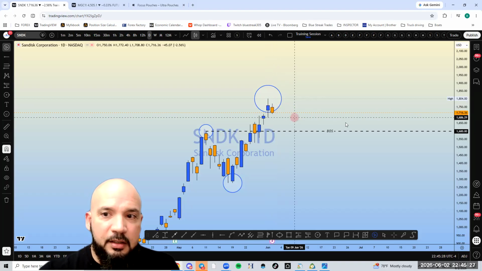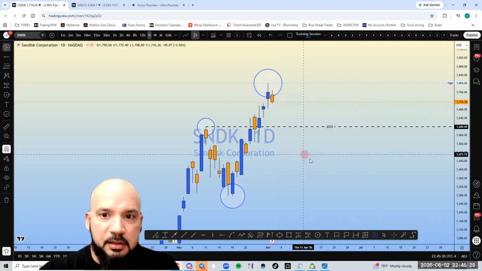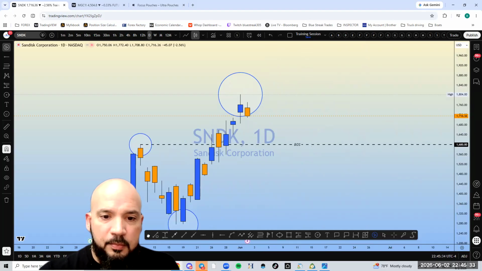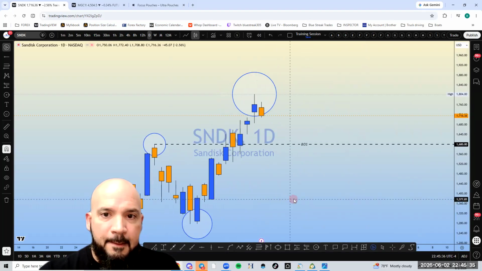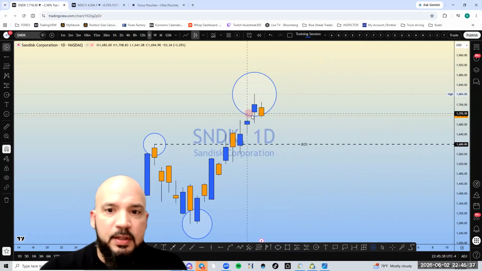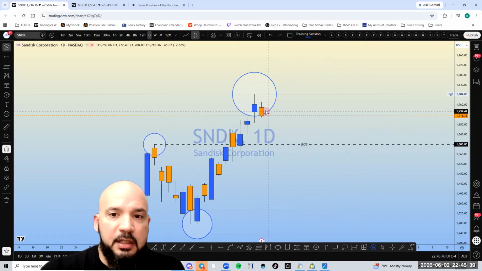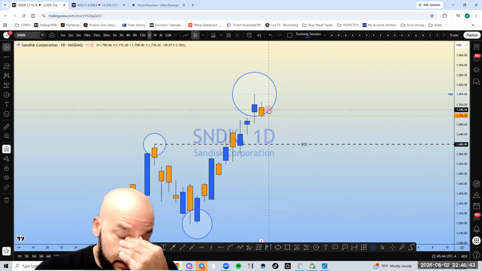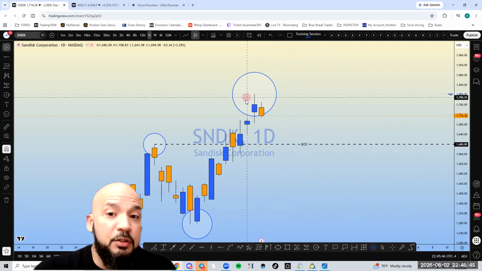Let me make it bigger so everybody can see. This is bearish, yes. The market closed bearish. So this could be the beginning of the new higher high.